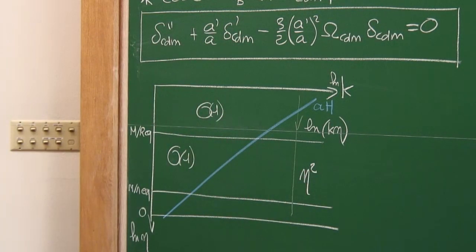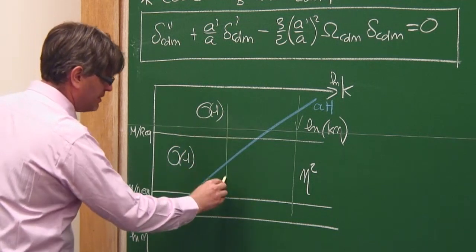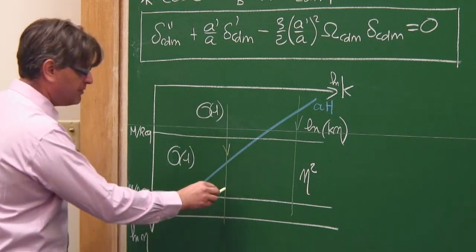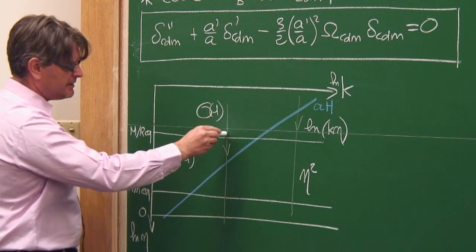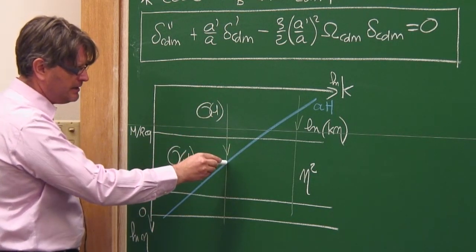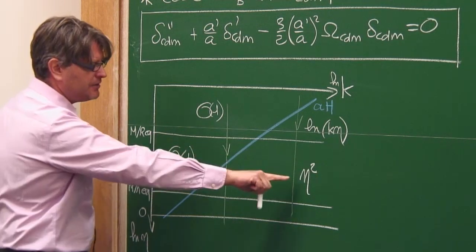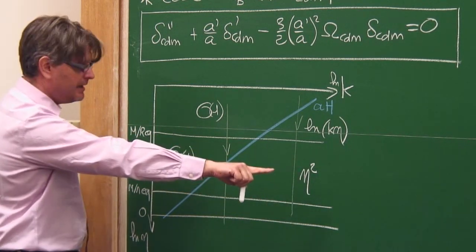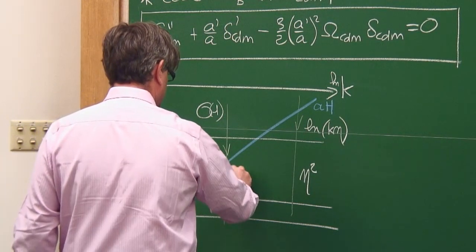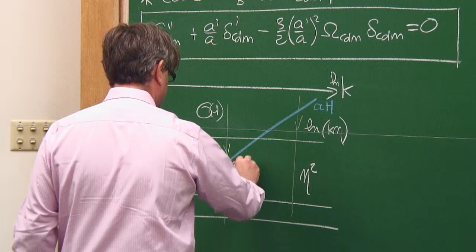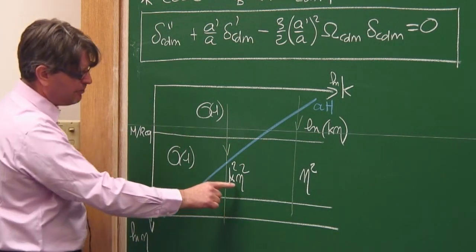So if we are a bit more specific, take a mode that enters into the Hubble radius during matter domination. Then it remains essentially equal to 1 until the line of Hubble crossing, and then it grows like eta squared. So if I normalize correctly the solution, for those modes I will find a k squared eta squared. I omit numerical factors. So again, why?